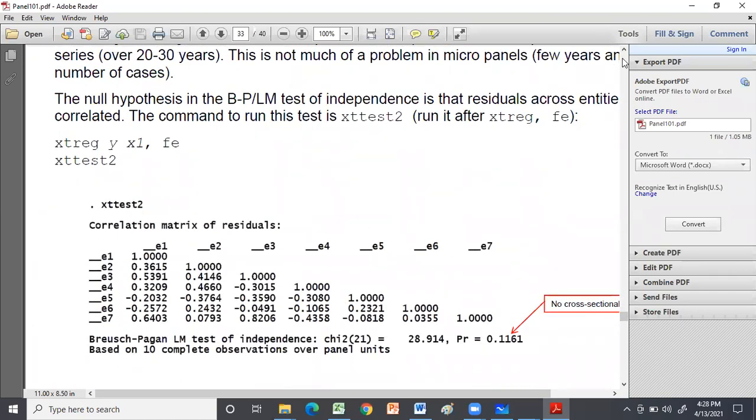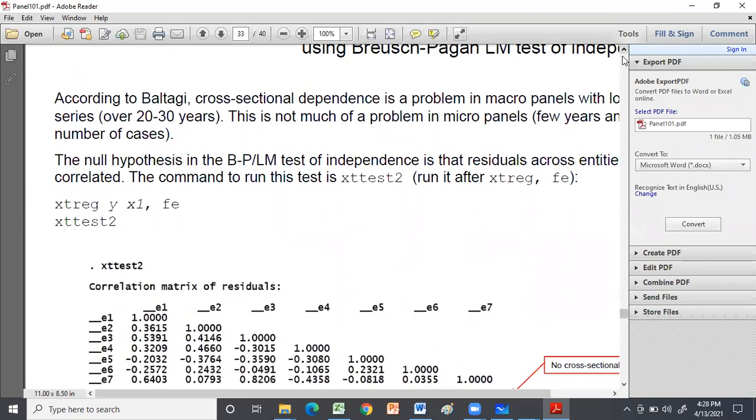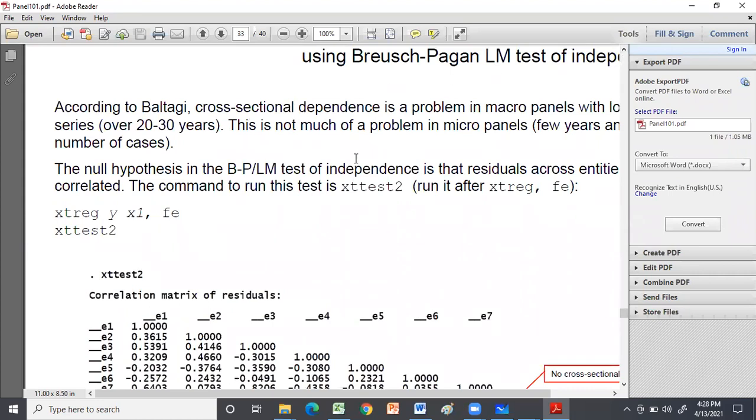Here it is. Can you all see? Using the Breusch-Pagan LM test of independence. So actually this has been suggested by Baltagi, one of the econometricians.